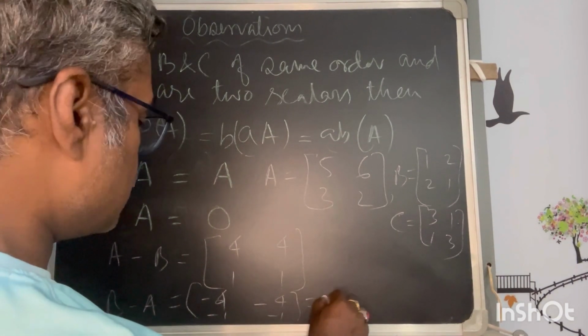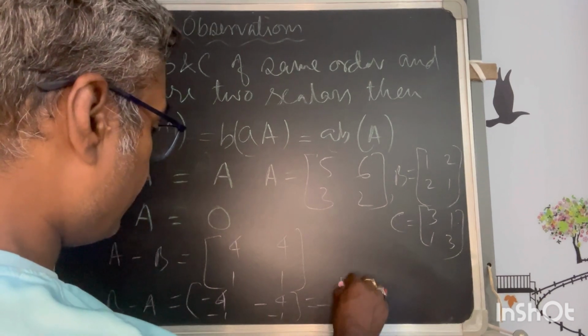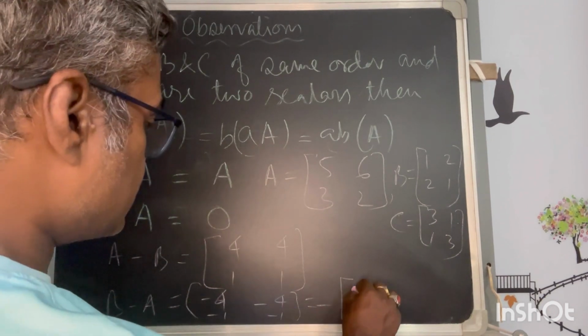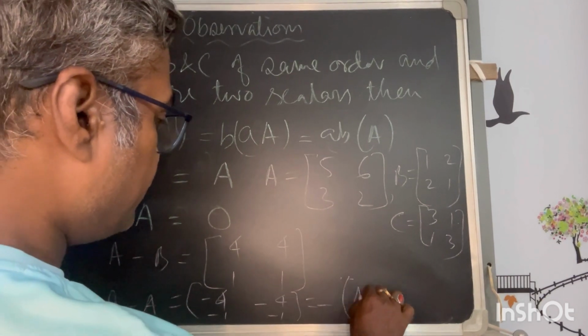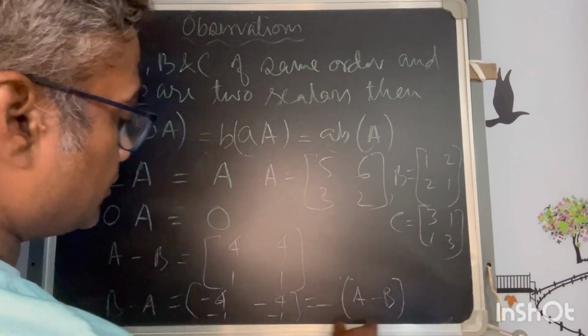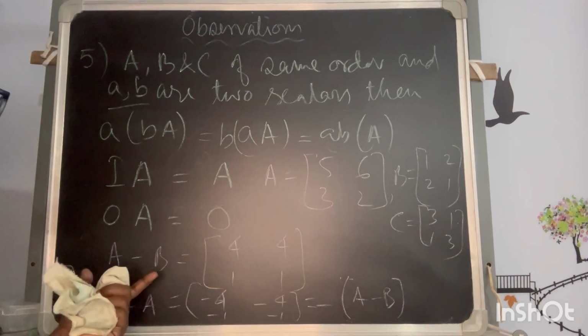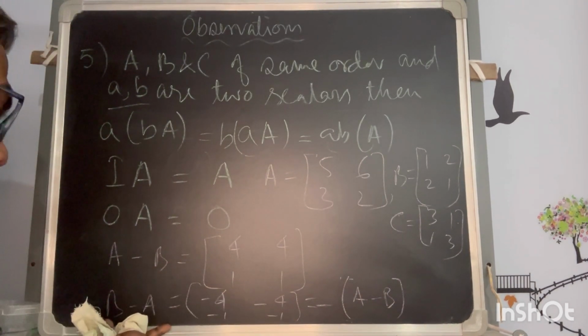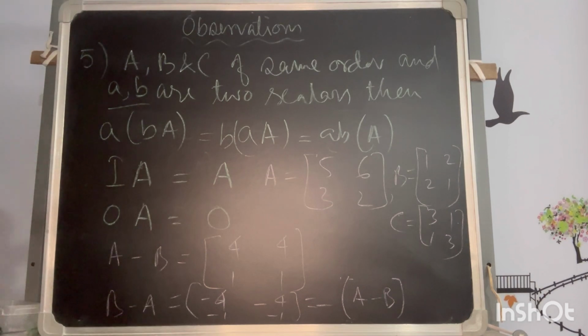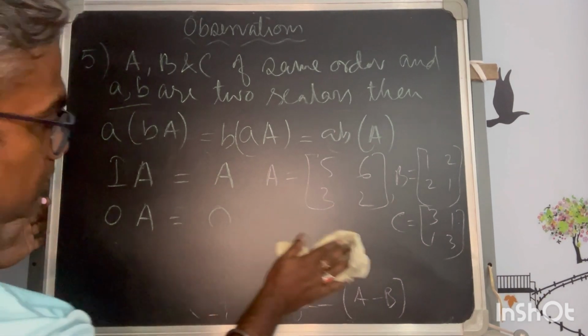So this is the negative of the matrix, that means minus of a minus b. So this could not be the same as that. So subtraction is not commutative.